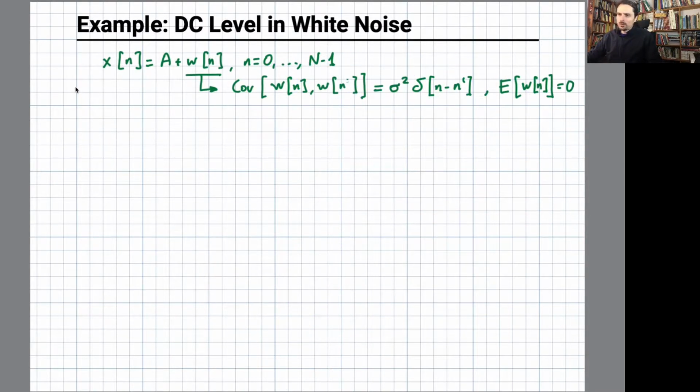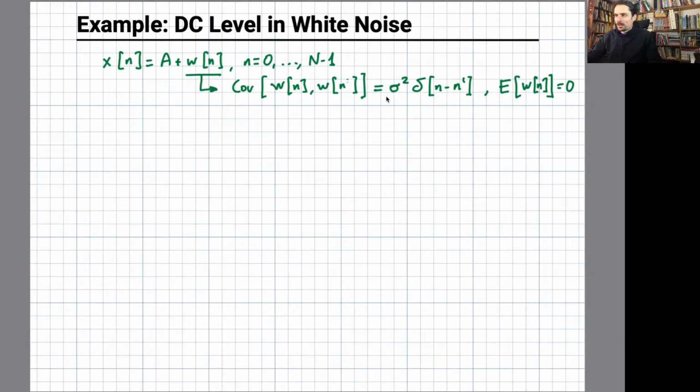Now let's apply what we have learned to our favorite toy example, which is the estimation of a constant in white noise. Okay, so remember that this is our way of saying that the noise is white, and it means that the mean is 0, the variance of all noise samples is the same, and two different noise samples are uncorrelated.